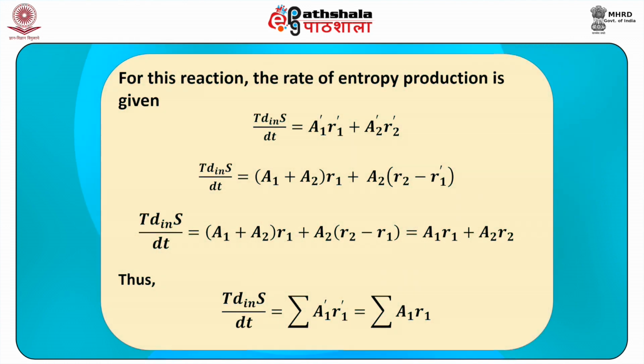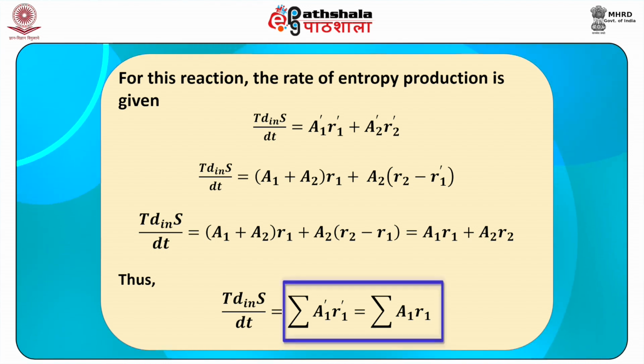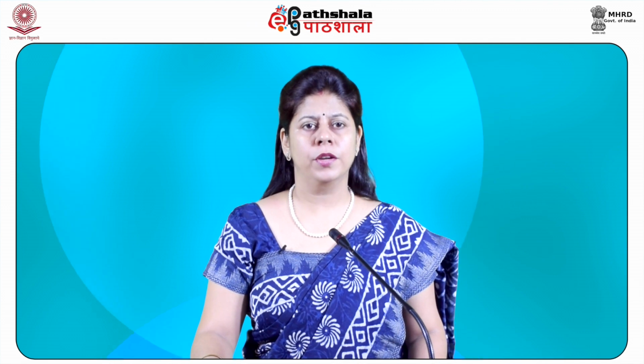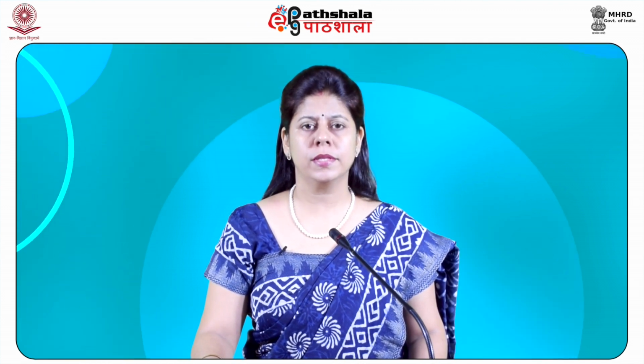For this reaction, the rate of entropy production is finally given by the summation of A1 prime into R1 prime, which equals the summation of A1 into R1. The equation suggests that the newly generated set of equations for entropy production are also the same.